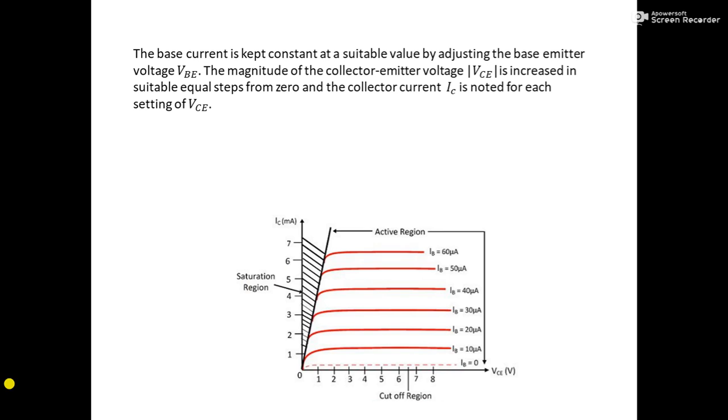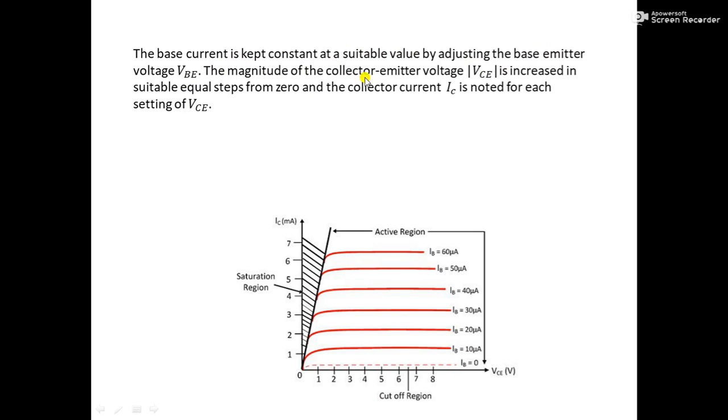Now the output characteristics, that is the variation of IC with respect to VCE, taking IB as the parameter. The base current is kept at a suitable value by adjusting the base emitter voltage VBE.